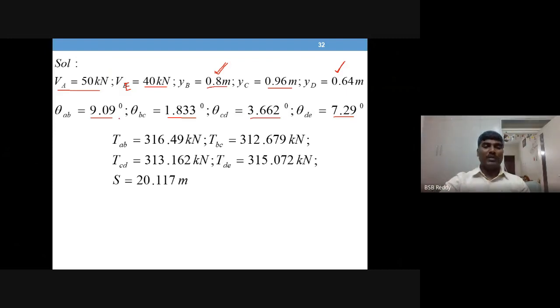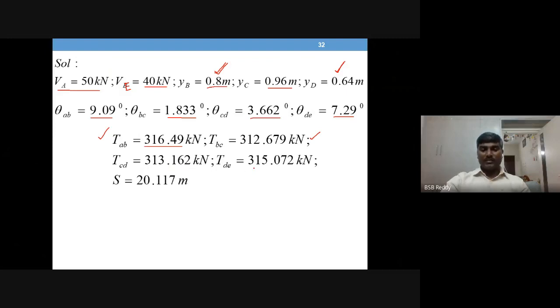Remember that. The AB segment tensile force TAB is worked out to be 316.49 kilonewtons. So when you solve this problem, you should get this value. Similarly, the BC segment is 312.679 kilonewtons. Similarly, the CD segment shall be 313.162 kilonewtons.